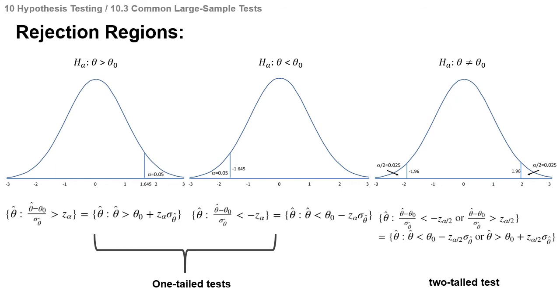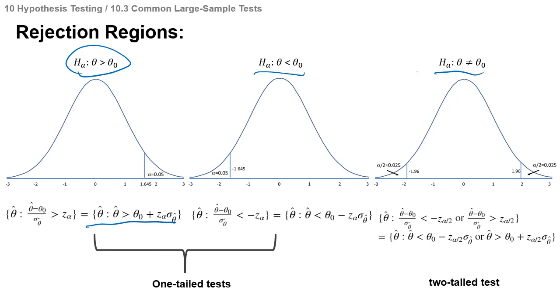For different hypotheses, we can calculate different rejection regions. We covered the situation when theta is greater than theta 0, and similarly we can think about other situations, when theta is less than theta 0, and when theta is not equal to theta 0.